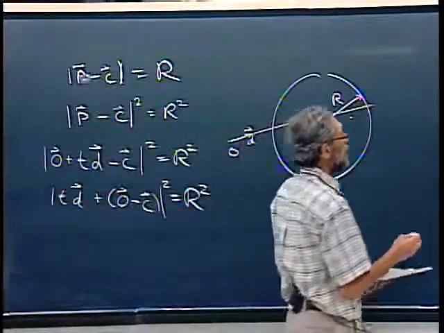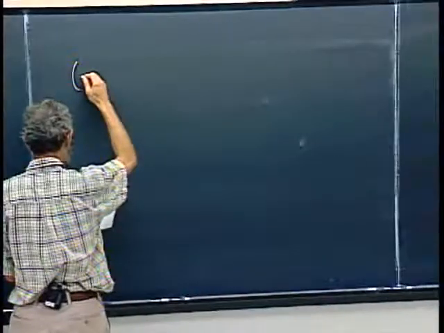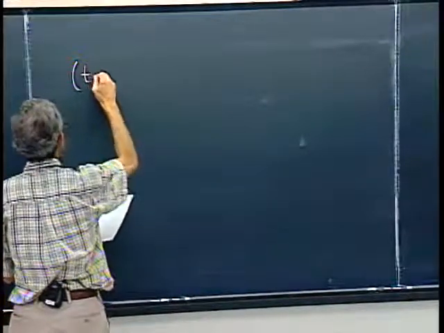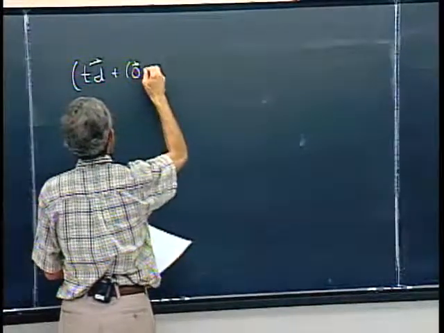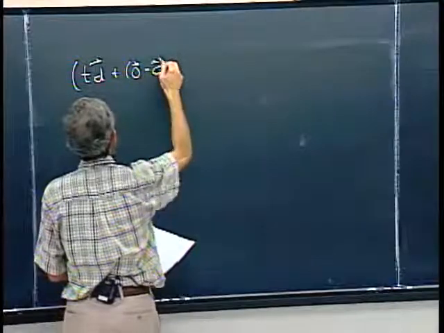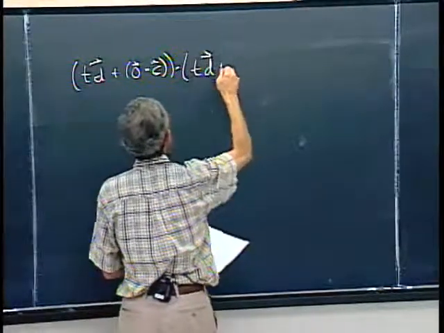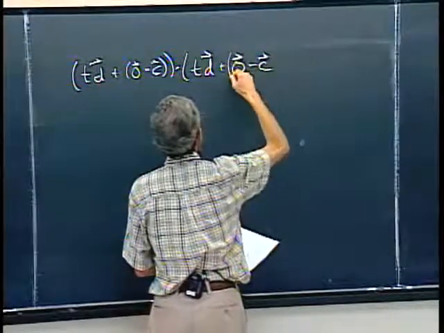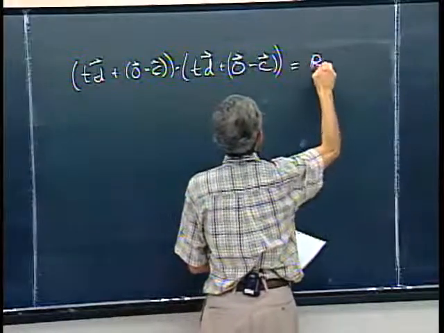So if I write it like that, then I can end up getting the quadratic equation I was talking about in t. So I'm going to say TD plus the vector O minus C dotted with TD plus the vector O minus C equals r squared.